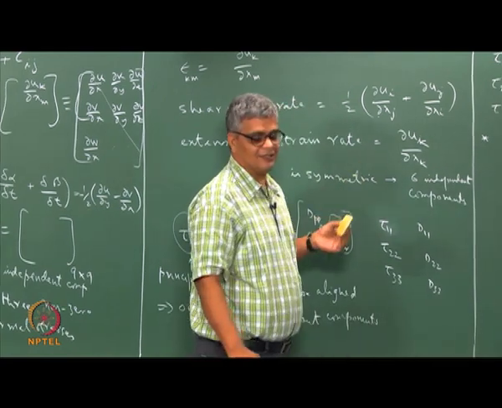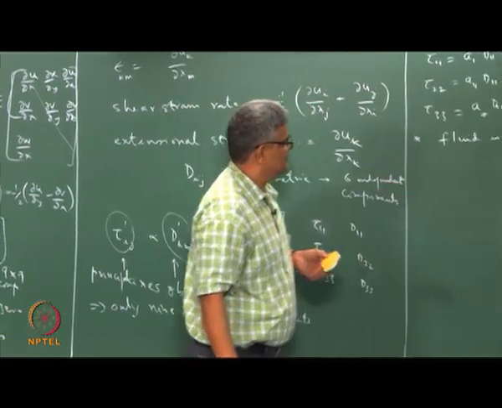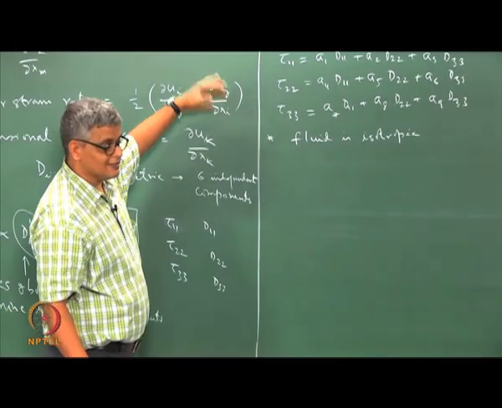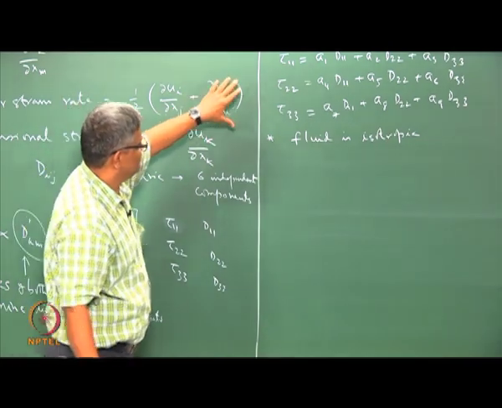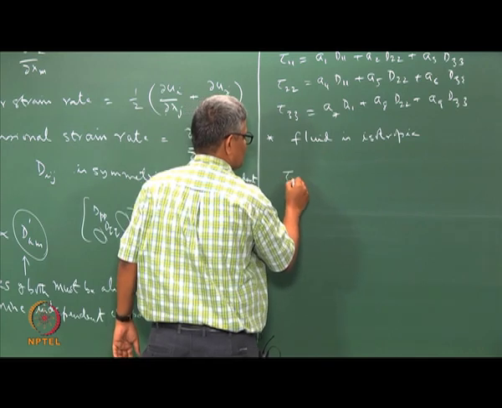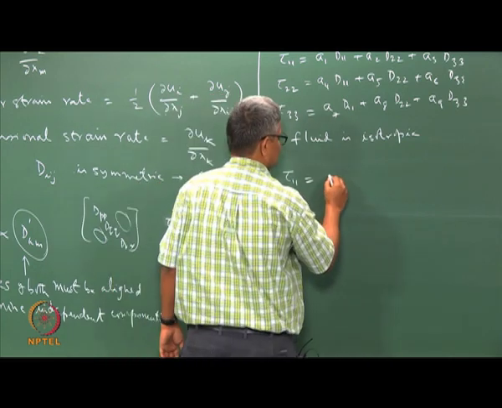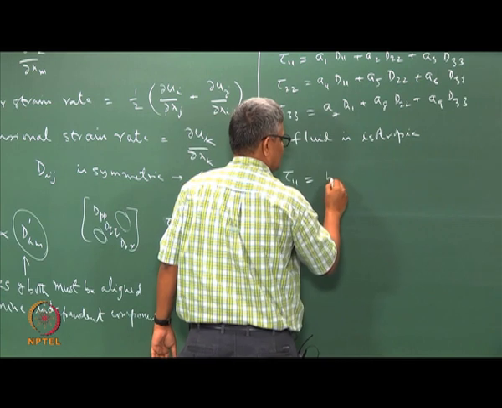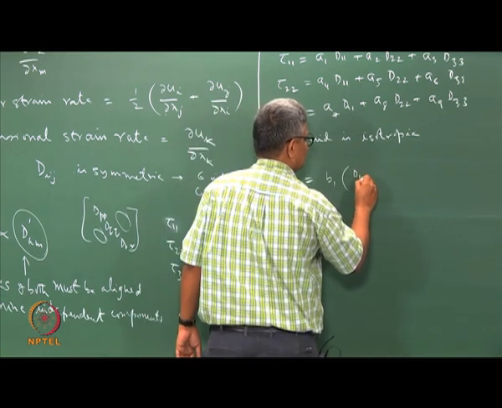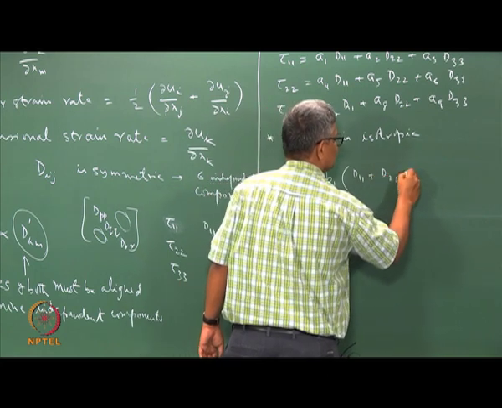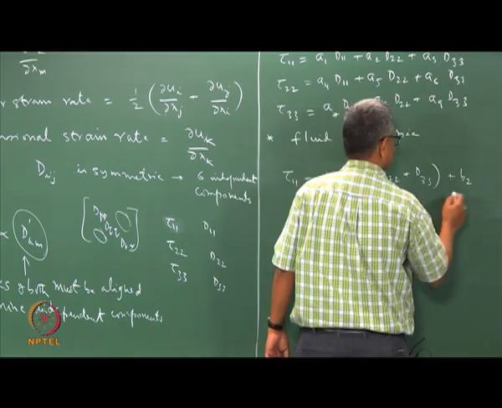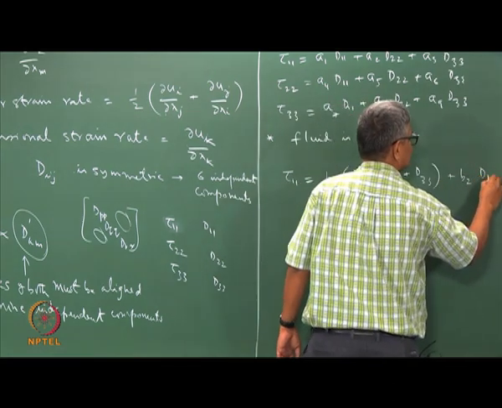So that is the idea, and that kind of deformation can be rewritten in this way: tau 11 is B1 times (D11 plus D22 plus D33) plus B2 times D11.